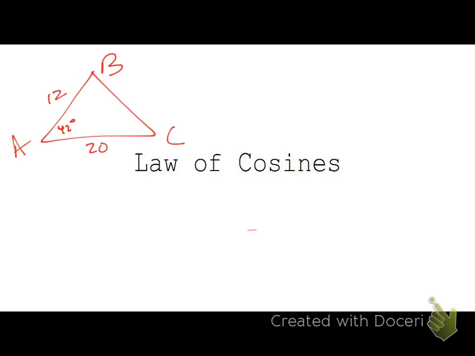Well, we talked about this with the ambiguous case of law of sines. This is not angle side side. We've been given a side and an angle in between, so two sides and an angle in between. So this is side, angle, side.